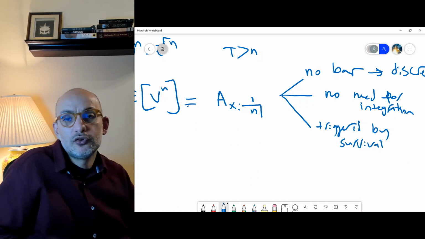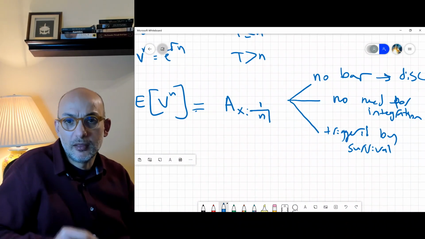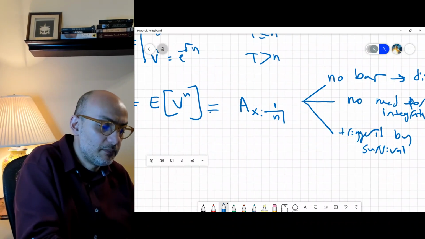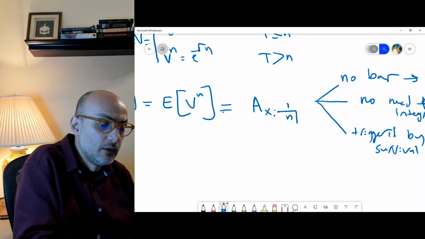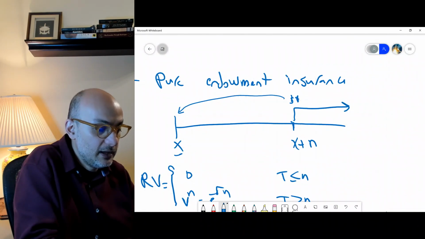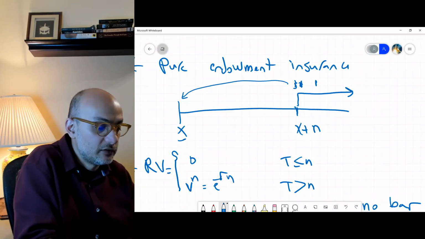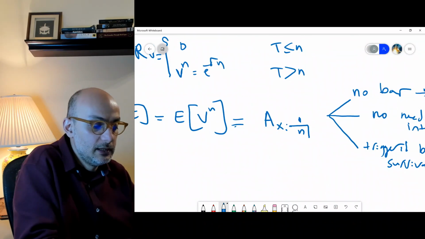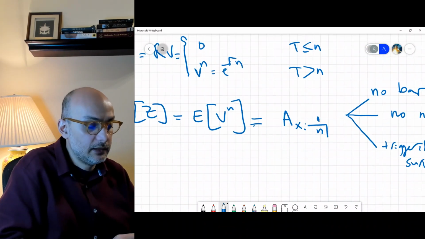The one before was triggered by death. The payment was triggered by death. Here the payment is triggered by survival. When payment is triggered by survival, the 1 here goes over n, if you survive to age n. It says that the dollar is paid here, so it's over the n. Here it's paid to the left, right? See how we read it?